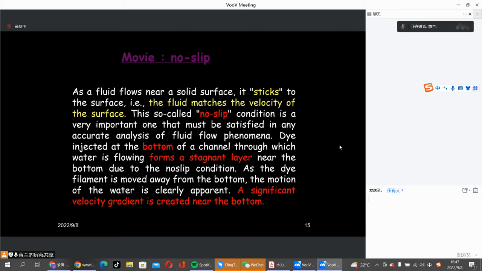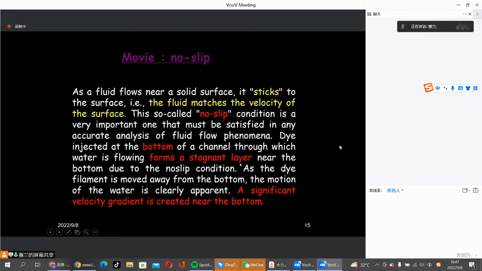Near the bottom, you see here we have this dye injection at the bottom. Because of the no slip boundary condition, because the bottom is fixed, the water will be stagnant and the flowing water will form a stagnant layer.